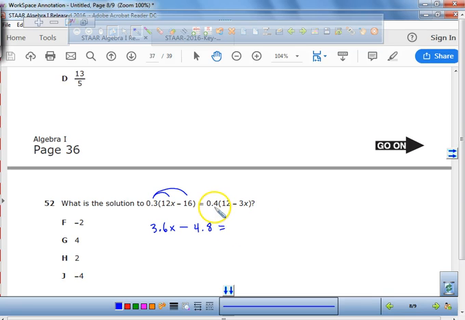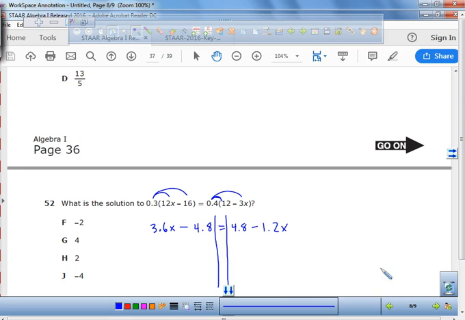Over here, if you have 0.4 times 12, you will get another positive 4.8. And if you distribute this, 0.4 times negative 3x is negative 1.2x.